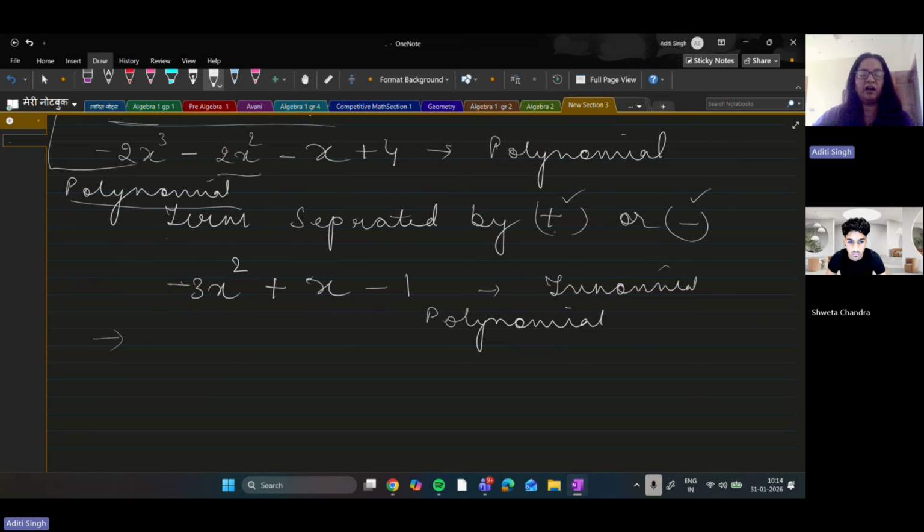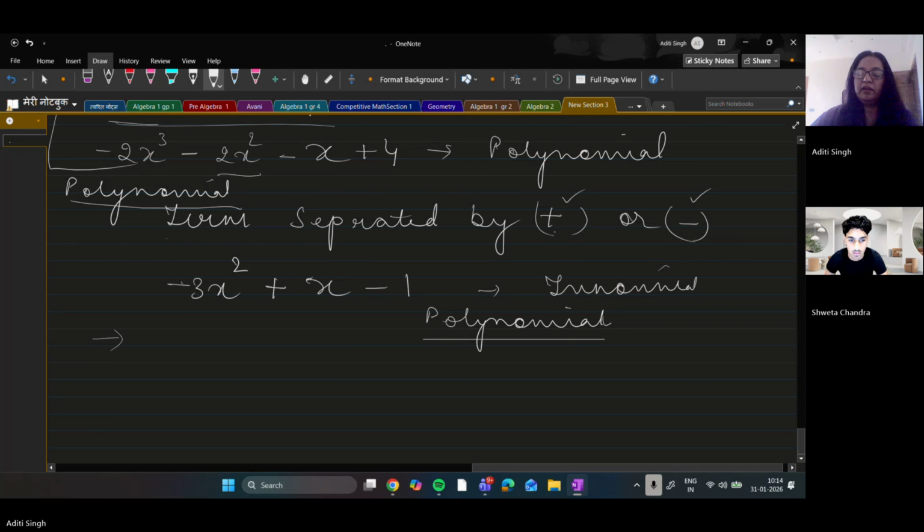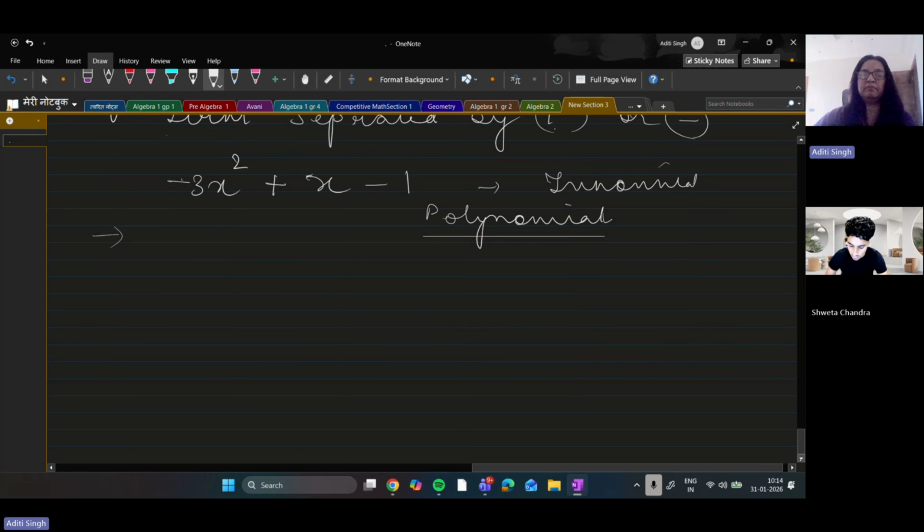After that, it is very hard to give names because it will keep on going. You can add thousands into it. How many names will you remember? So till 3, we have given special names. Apart from that, we call everything polynomial, just like everyone is a student. Basically, till 2, 3, 4, all are polynomial. Am I clear what is polynomial? Right? So terms separated by plus and minus.